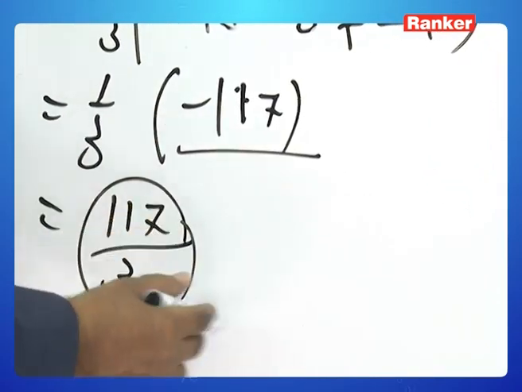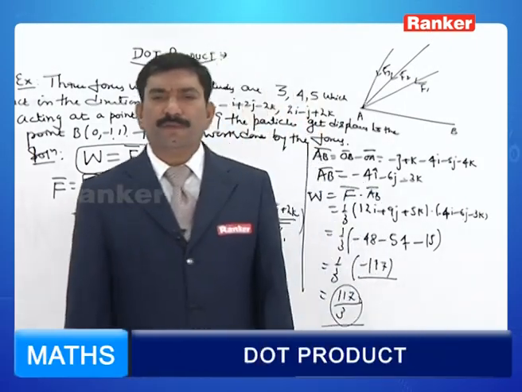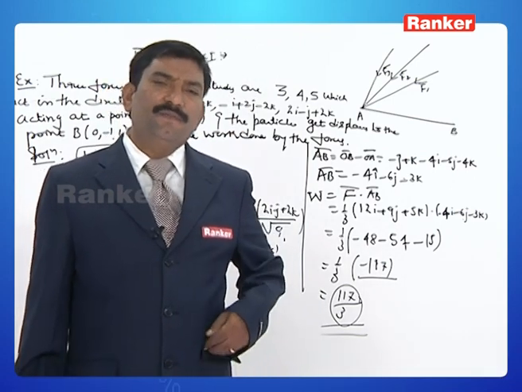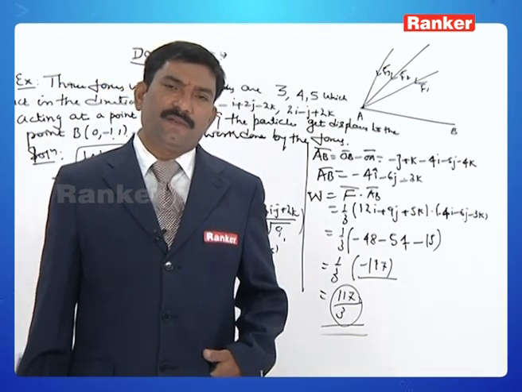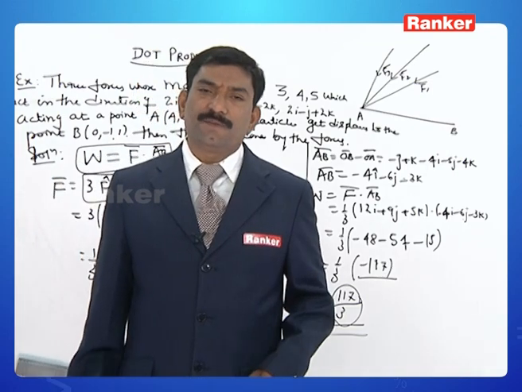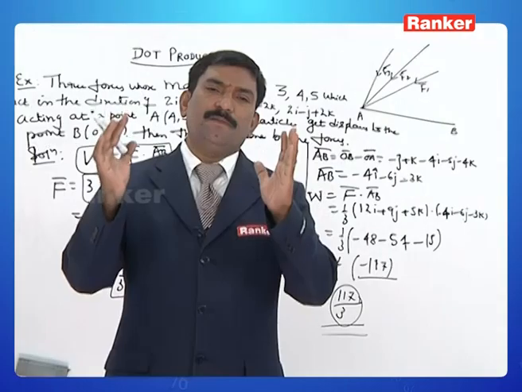So it cannot be negative. So therefore, this is the work done by the 3 forces whose magnitudes are 3, 4, 5, which act in the directions of these vectors.